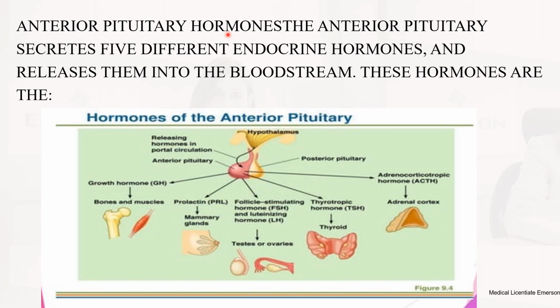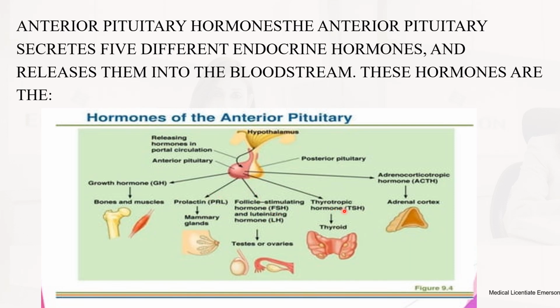Okay, then the anterior lobe hormones, the anterior lobe secretes 5 different endocrine hormones, and releases them into the bloodstream. So the hormones which we are talking about from the anterior part, we have the growth hormones, we have prolactin, we have follicle stimulating hormone and luteinizing hormone.